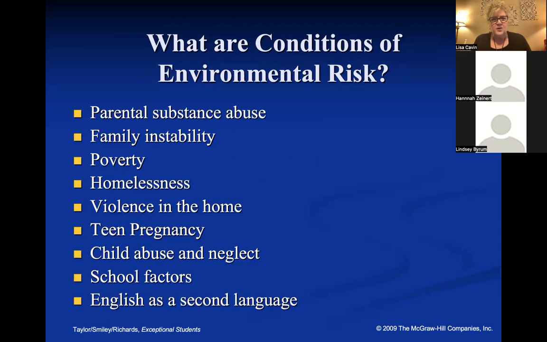So, conditions of environmental risk. Now, this list is quite long, and it's to me the really sad one because it's preventable. Parental substance abuse, family instability, poverty, not always preventable there, homelessness, violence in the home, teen pregnancy, child abuse and neglect, factors related to school, maybe the schooling of the parent, English as a second language.